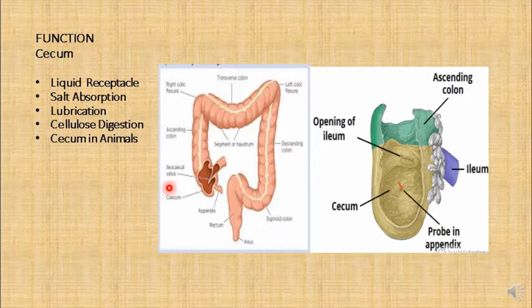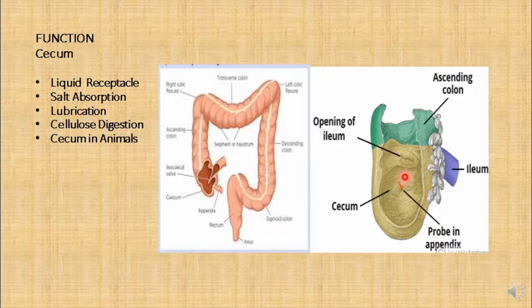Cellulose fibers. So the digestion for the plant-eating animals. The plant-eating animals are herbivorous and omnivorous, which take in plants.